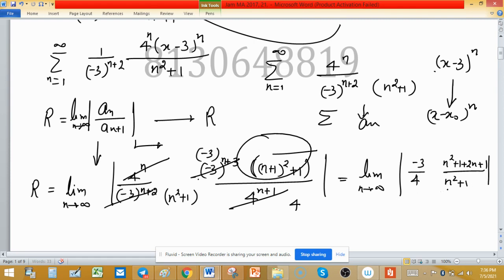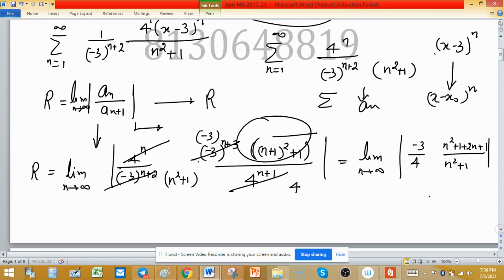We have this expression and we need to check the limit. Because the mod is put here, I can write directly 3 by 4, and after taking n square in numerator and denominator, n square will cancel out, and after putting the limit directly, we have 1 in the numerator and 1 in the denominator.